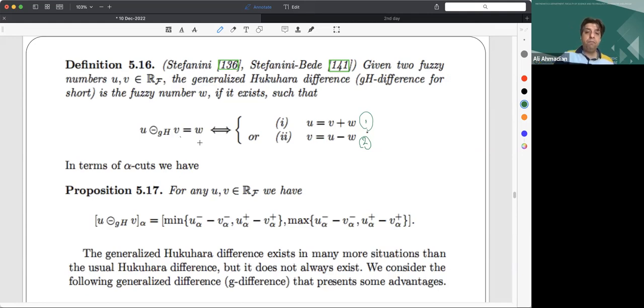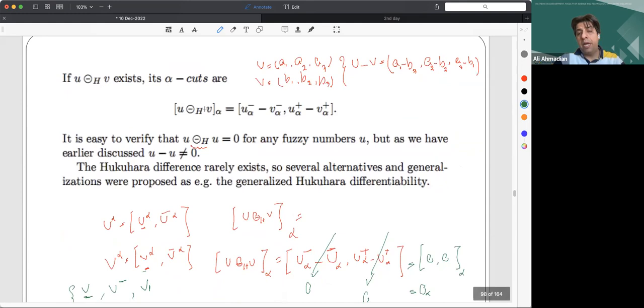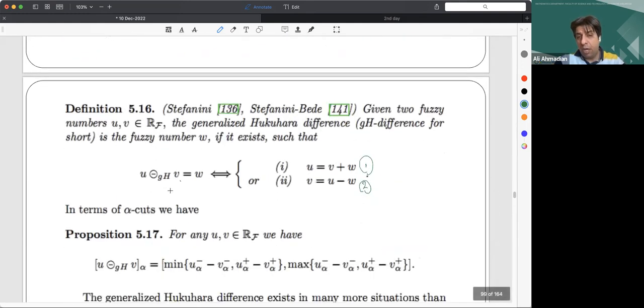So what it tells in practice: like this one we have here, U minus Hukuhara V is equal to this one. Then how about this one?